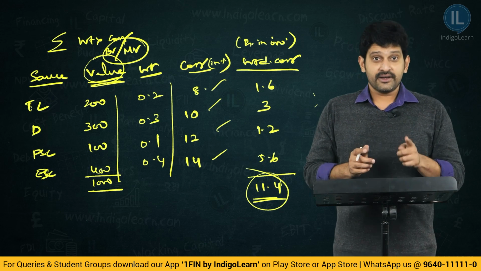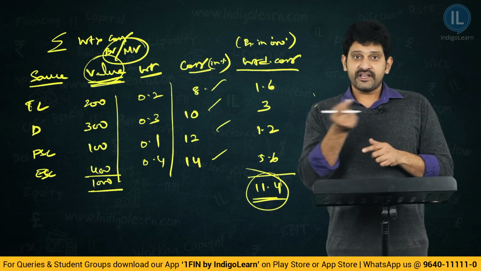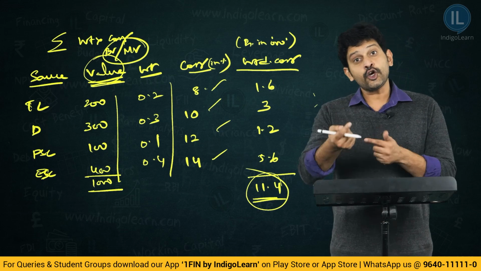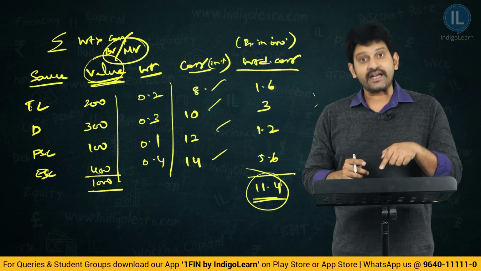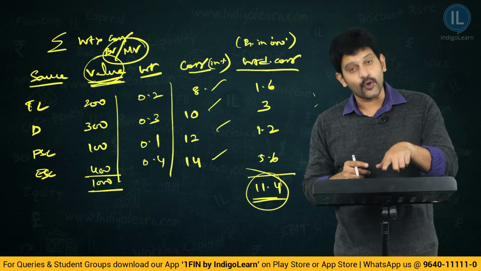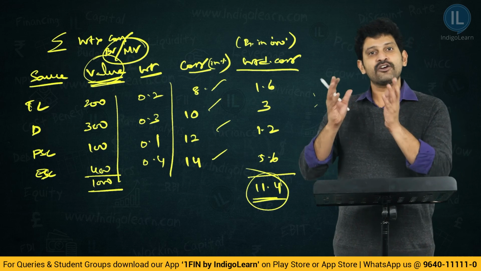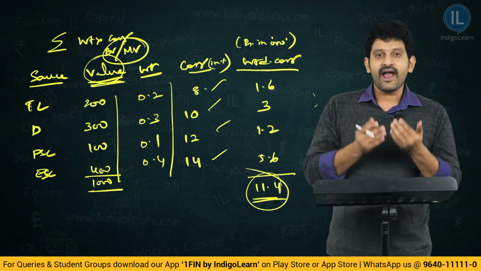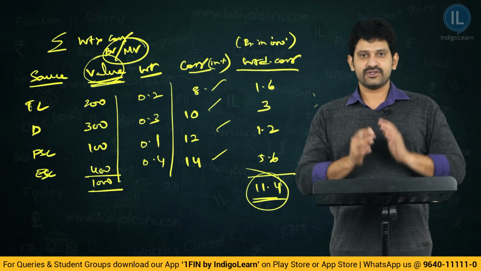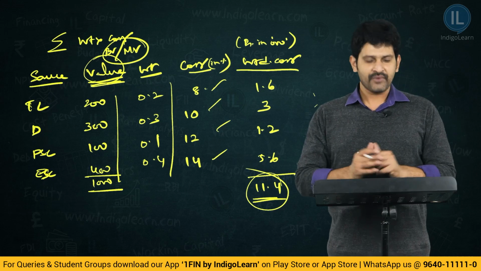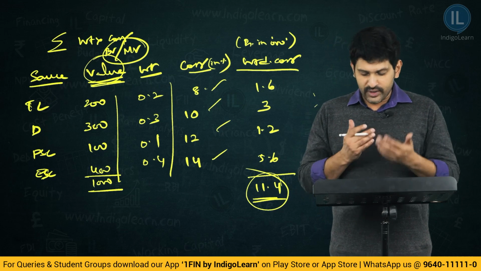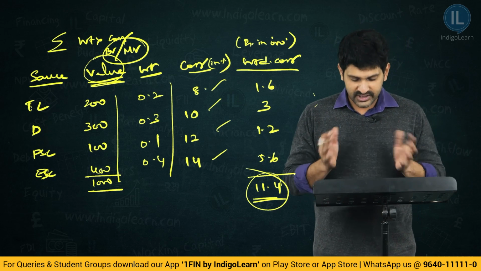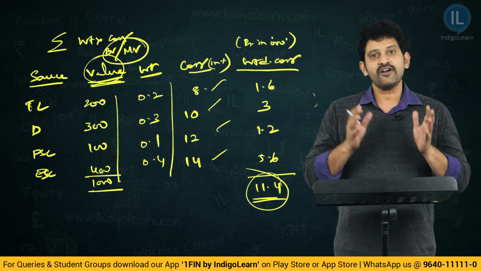But the market value of equity, whatever is given, includes the retained earnings component also. Therefore, the market value of equity as such means the market value of the equity as well as retained earnings. So this is one special point, please keep it in mind. The rest of the things we will understand as we go into the problems. So this is about the computation of overall cost of capital.